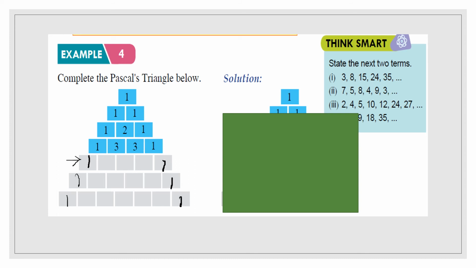The number here can be obtained by adding the two numbers above it. 3 plus 1 is 4. 3 plus 3 is 6. 3 plus 1, 4. The same goes for the rest of the blank boxes. I hope you try it by yourself before you reveal the answer.